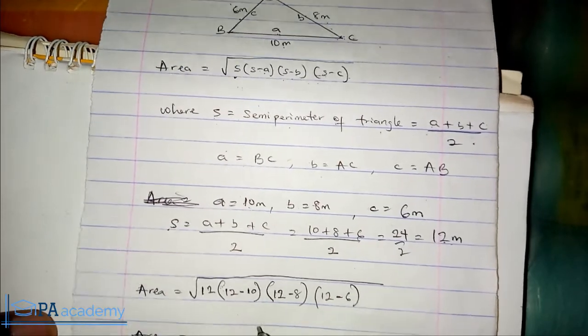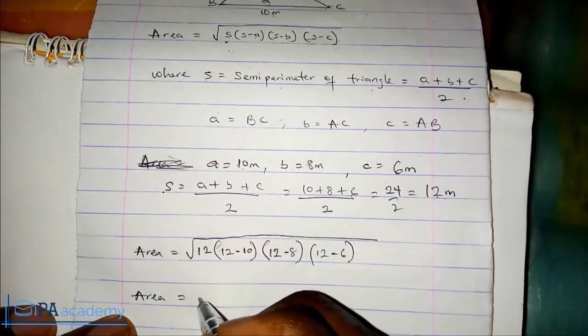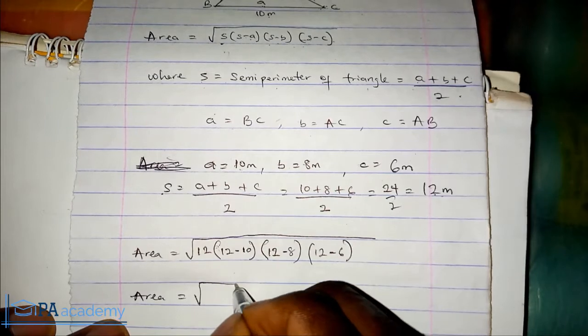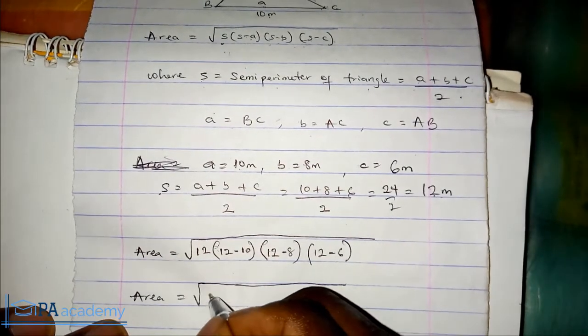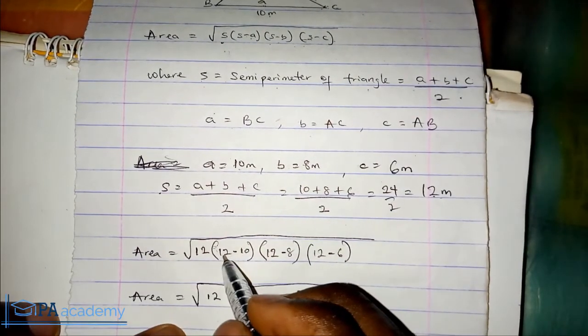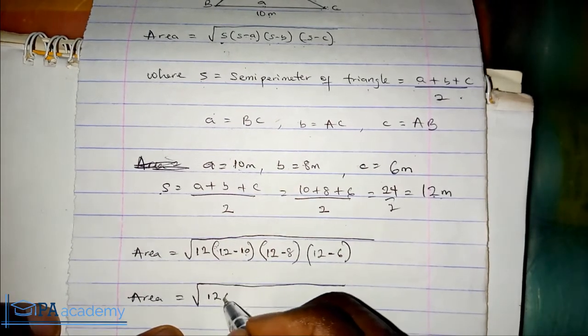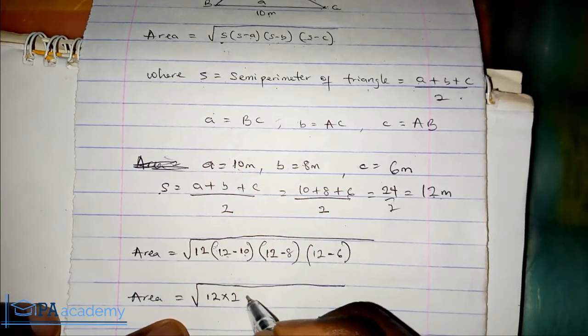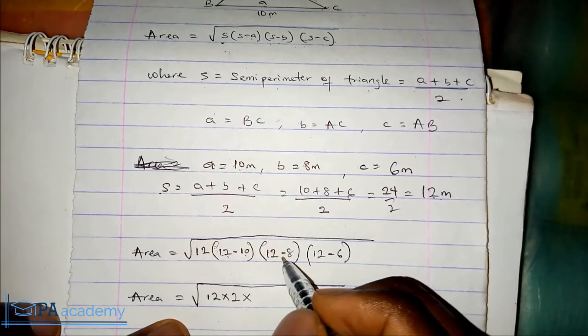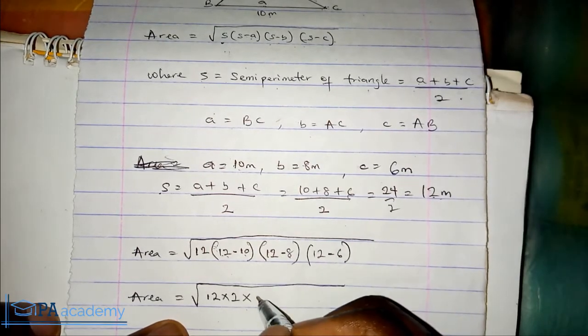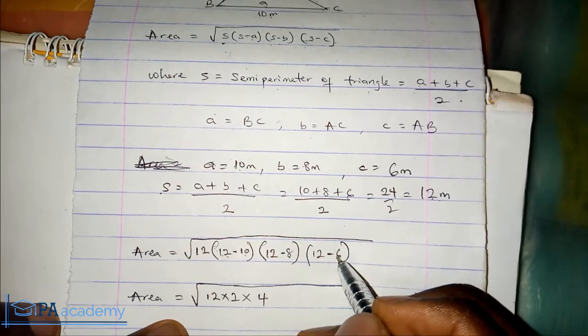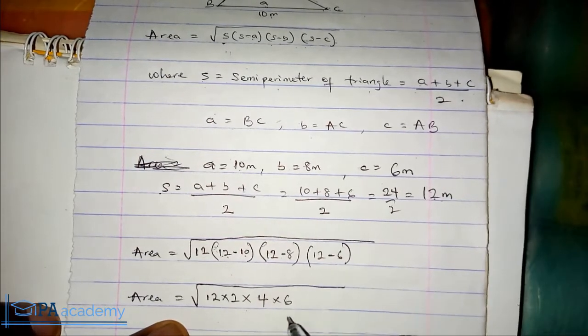So area is equal to the square root of 12. Now 12 minus 10, that will be 2, times 12 minus 8, that's 4, multiplied by 4. Then 12 minus 6, that's 6, times 6.